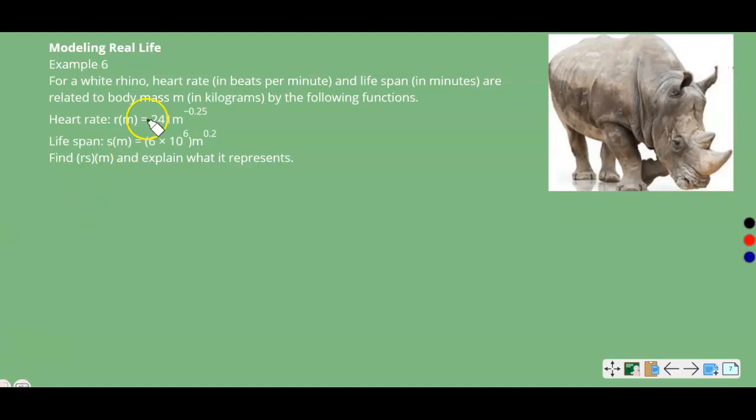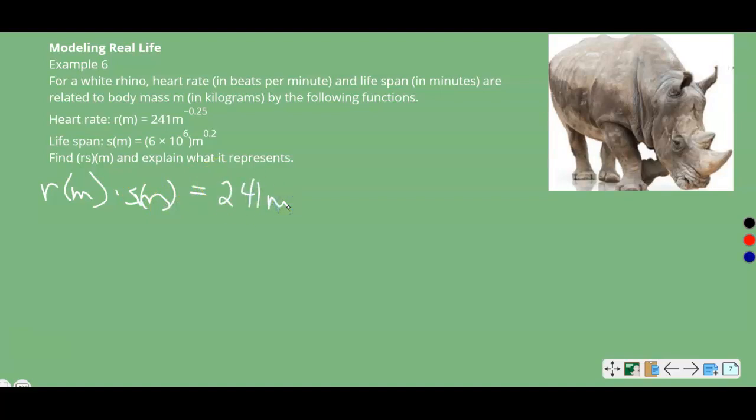All right, so you can see the 6 times 10 to the 6th power. This is written in scientific notation. So let's try to leave it in scientific notation as we go. But we're going to do r of m times s of m. All right, so go ahead and write down your functions.